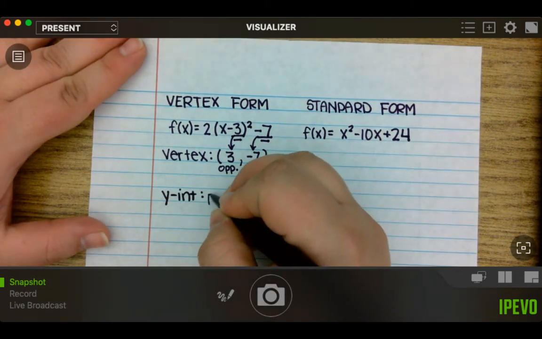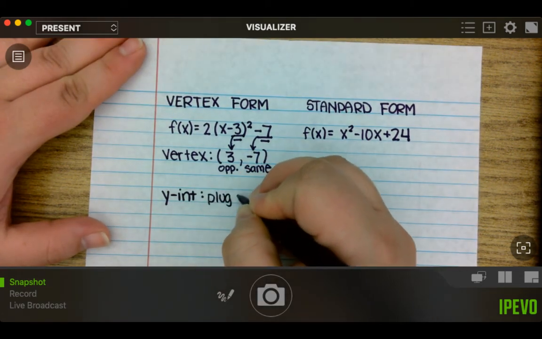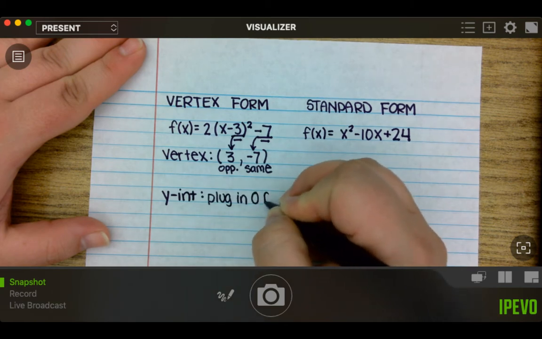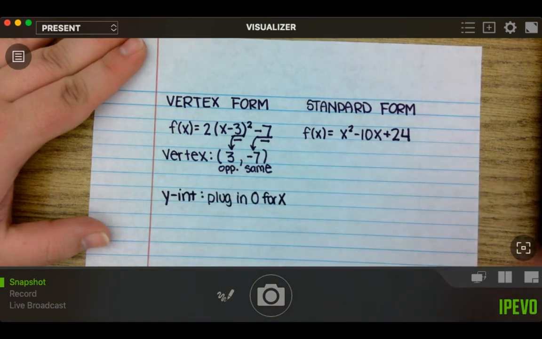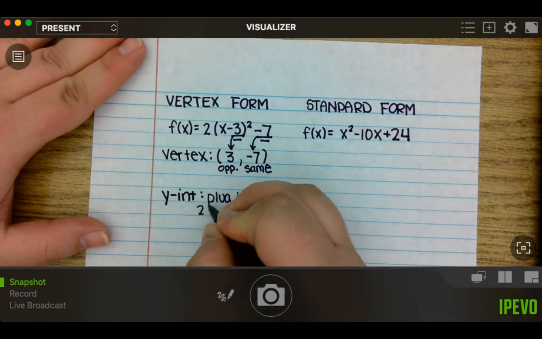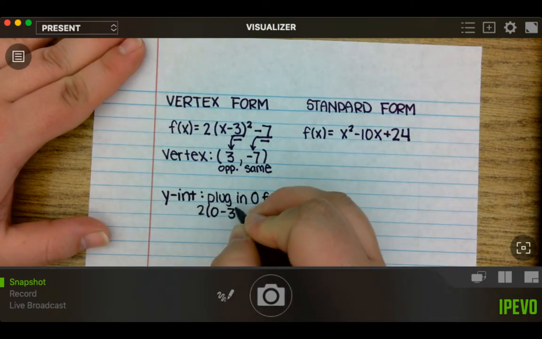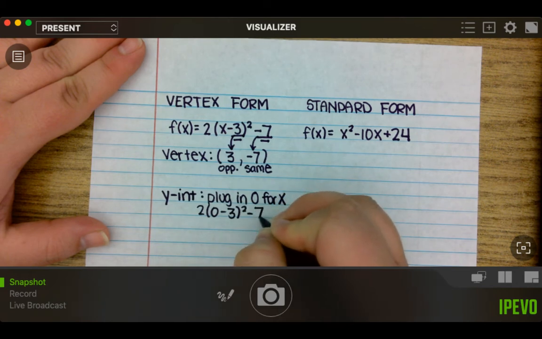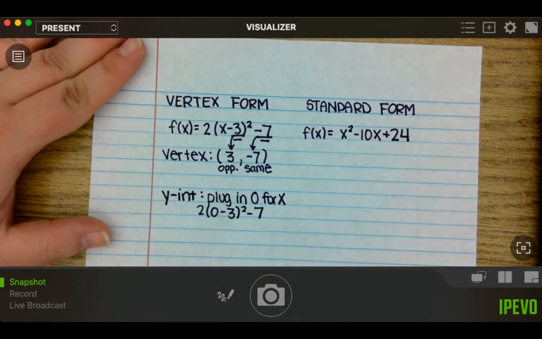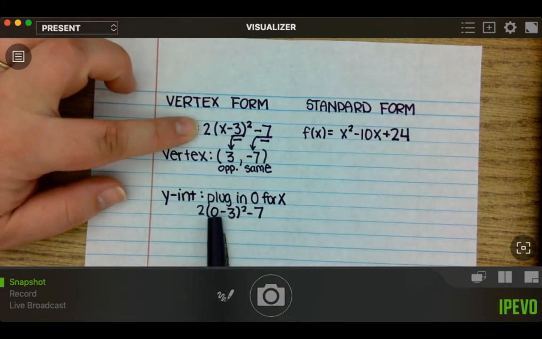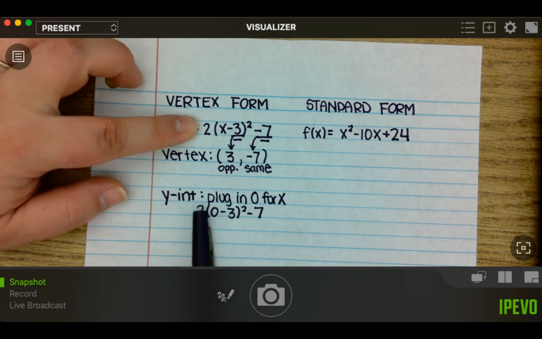What you're going to do is plug in 0 for x. What that means is I'm going to rewrite the equation, but instead of x, I'm going to put in 0. So it's basically just this, but you replaced x with 0. And then type this into a calculator or do it in your head.